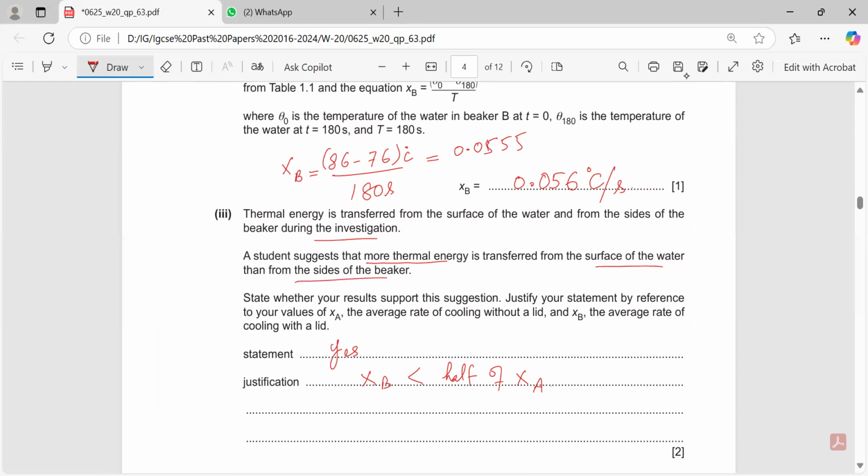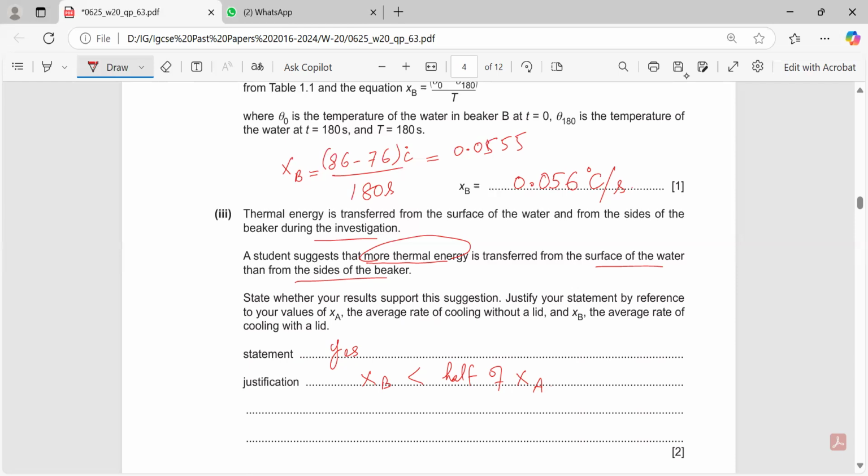To prove this, the energy lost without the lid should be more than half of that which is lost from the sides. So that's why I have written that XB is even less than half of XA. So more heat is lost by the surface of the water.